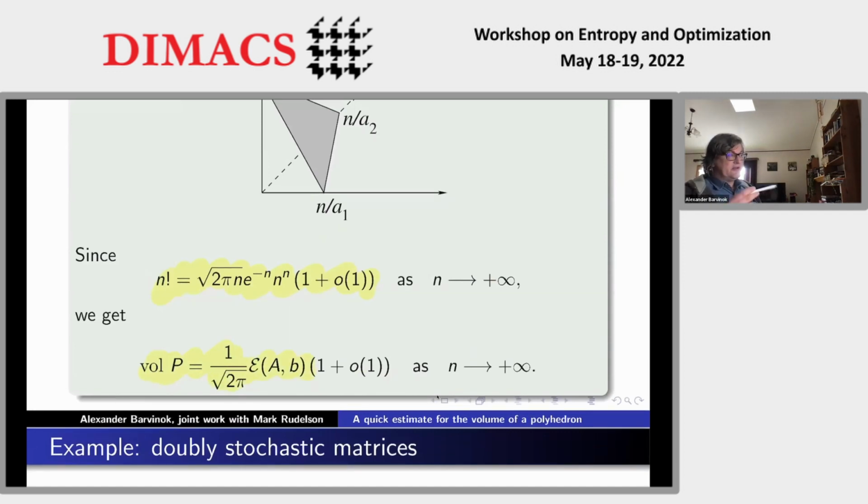I promised that it's a constant to the number of equations. So here's one equation, and here's the constant 1 over the square root of 2 pi. Furthermore, because of Stirling's formula, it becomes asymptotically exact as the dimension grows. And that 1 over square root of 2 pi is not accidental. It will show up there several times, although probably not always.